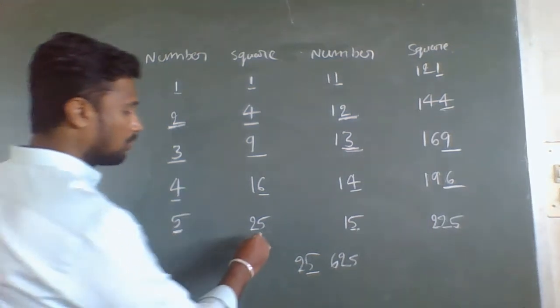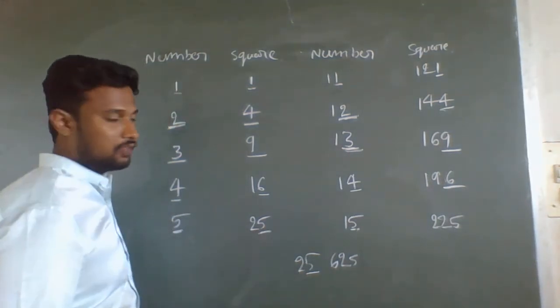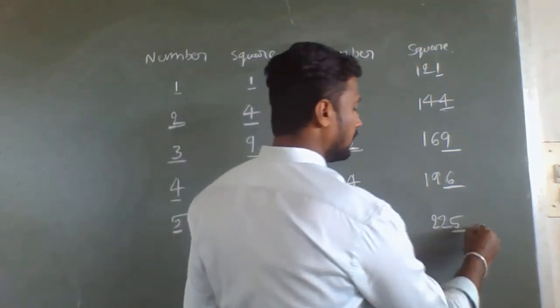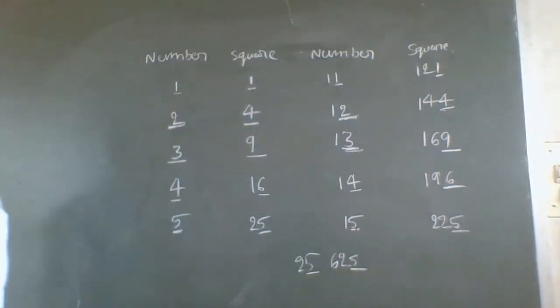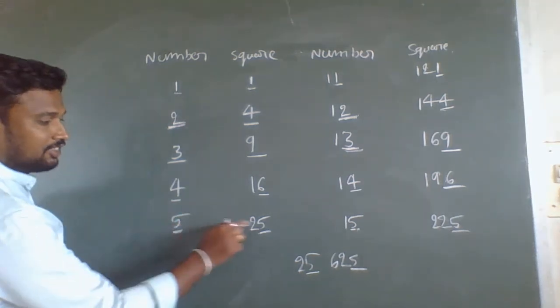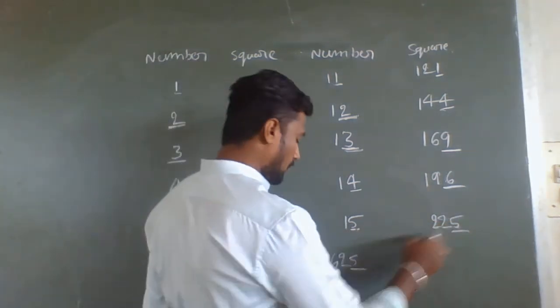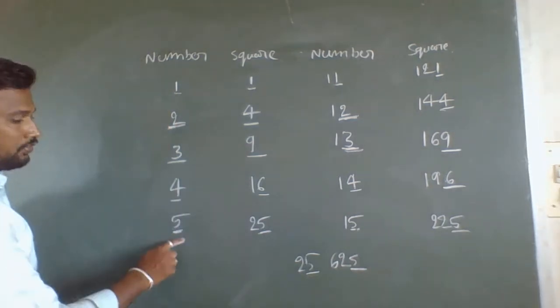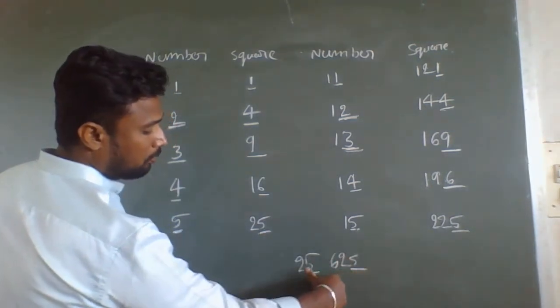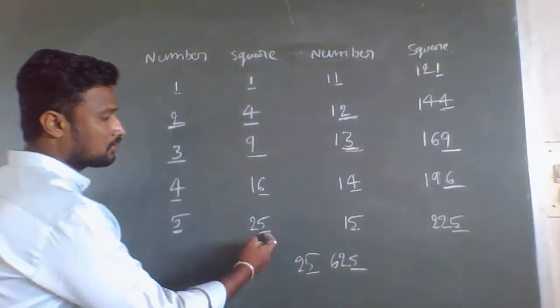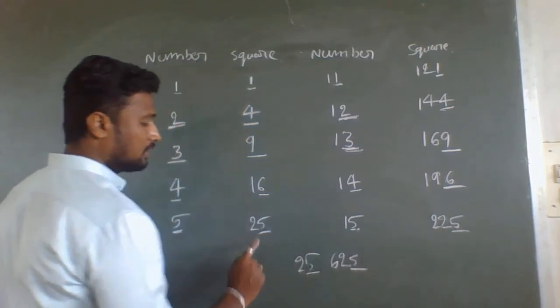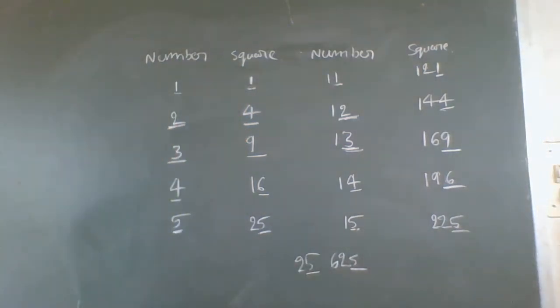So here you got 25 where it ends with 5, in 225 it ends with 5, in 625 again it ends with 5. So now you can tell that when 5 is there at the unit place of any number, in the square number what will you get? Always the square number ends with 5 only. Always the square number ends with 5.